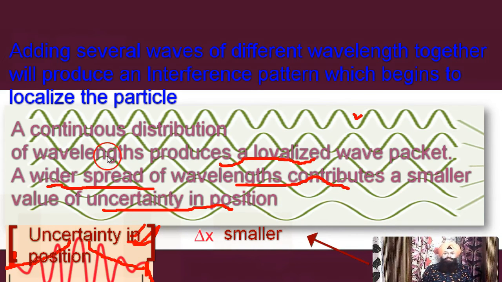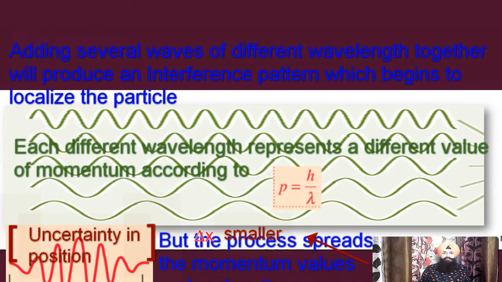But there is a drawback also. And what is that? Every different wavelength represents a different value of the momentum, because momentum is h over lambda.